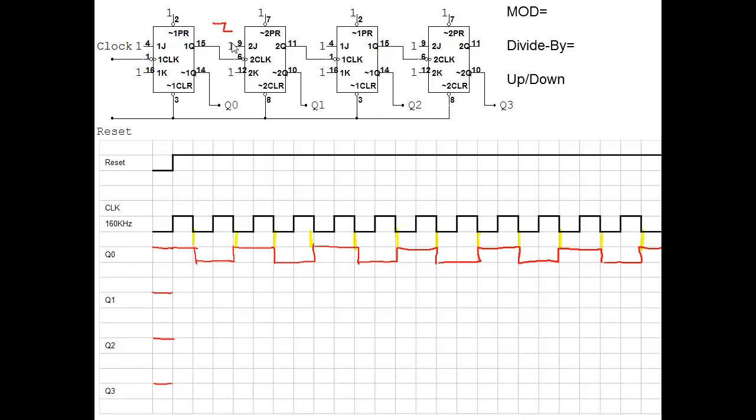This is really going to clock off the negative edge, but since we're drawing on the opposite, it's going to appear that it's a positive edge. So just like the last one, it's going to look like a positive edge, and we're going to toggle on every positive edge.